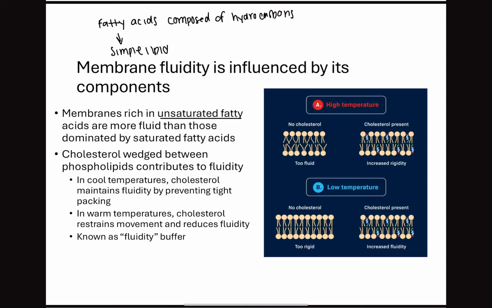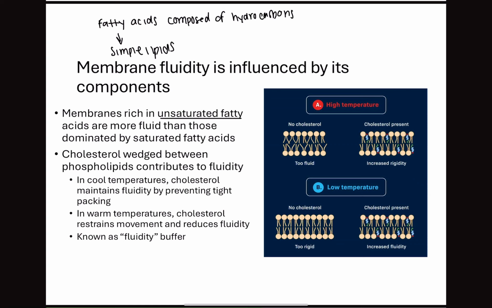And our unsaturated fatty acids are able to be more fluid because there are kinks found in them. They're double bonded, and those double bonds form kinks that prevent them from packing tightly. But our saturated fatty acids don't have kinks. They don't have double bonds. So they're going to be straight chains, and they're going to be more solid.